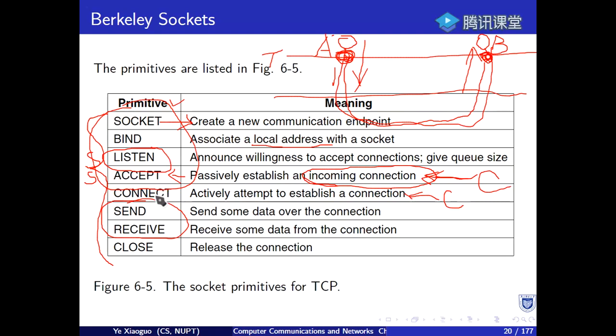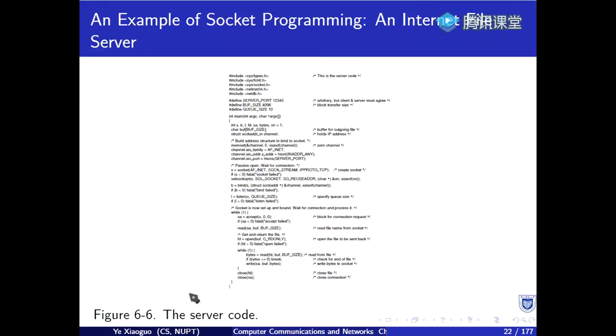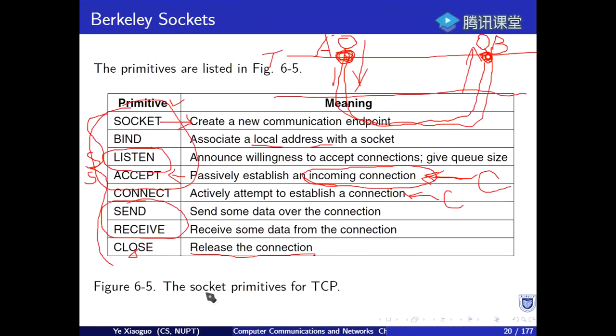So when the connection is established, the two ends can exchange information based on the connection. After finishing the transmission, the connection will be closed, which means releasing the connection. That is the socket. These are the socket primitives for TCP.